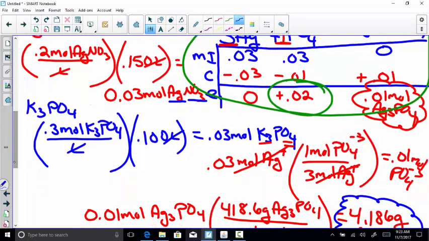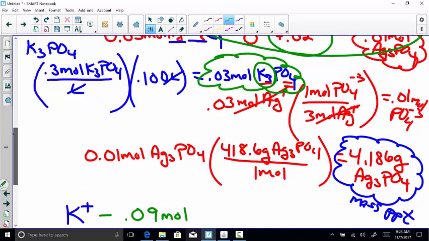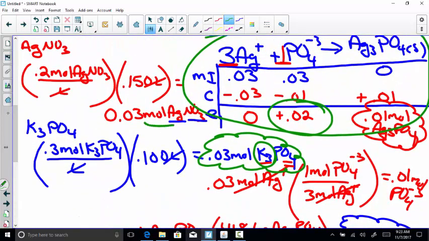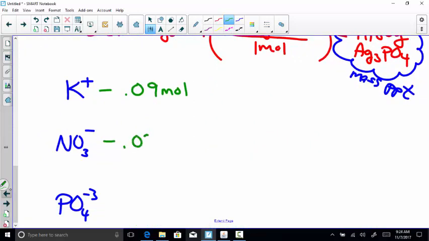So we calculated the moles of K3PO4 right there, but you need to be a little bit careful because there's 3 of them, so it's a 3-to-1 ratio. So I have 0.09 moles of potassium ions. Okay? My nitrate ions came from right here, and that's a 1-to-1 mole ratio, so I have 0.03 moles of those.